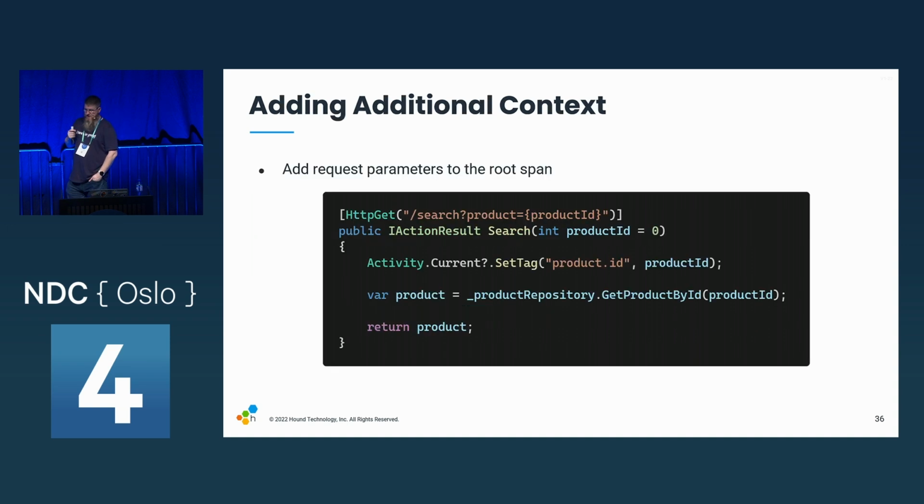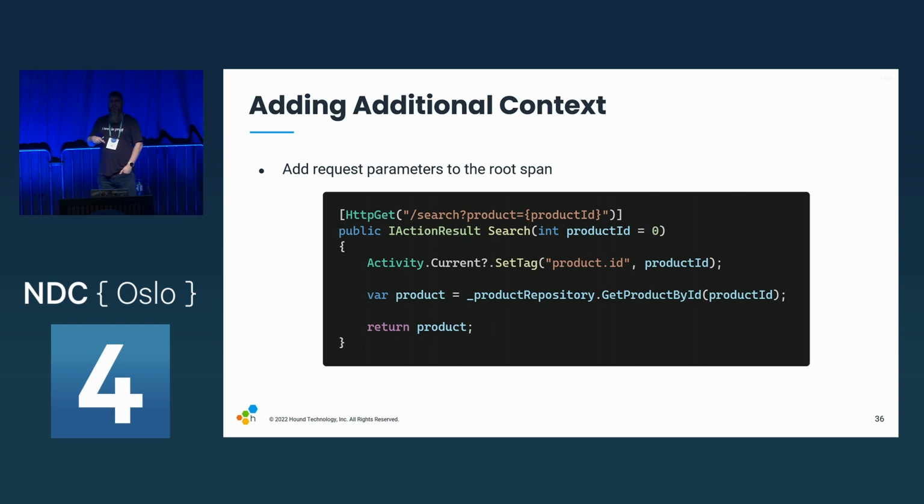Now, activity.current is really good for adding context. Because when we use the ASP.NET Core instrumentation library, what we end up with is some default parameters. We don't get the query strings, for instance, as individual parameters. We get a URL that's about yay long. But what if the product ID was actually really interesting to you?